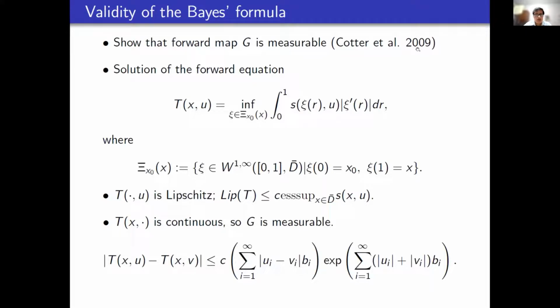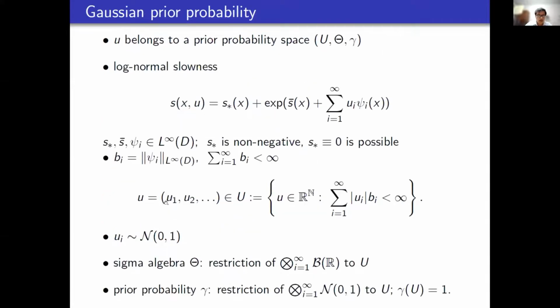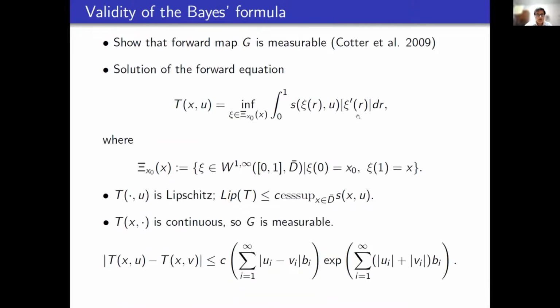In order to show that this map is measurable, I use this variational principle for the solution of the forward equation. You can write the solution of the forward equation in this form. For each sample u, let me remind you that it's just the big sequence u1, u2, and so on in this sum. For each sample u, we can write the solution of the forward equation in the variational principle as what you see here.